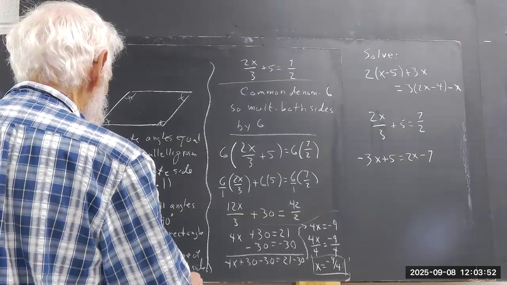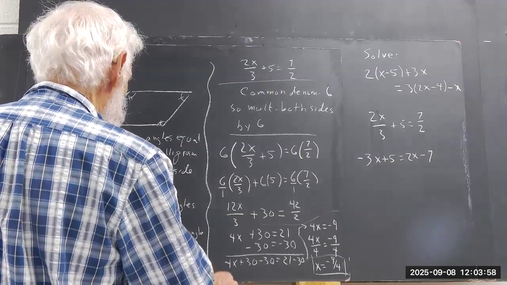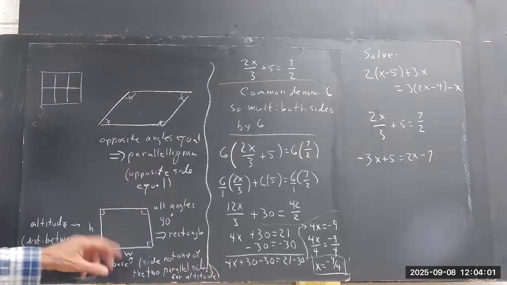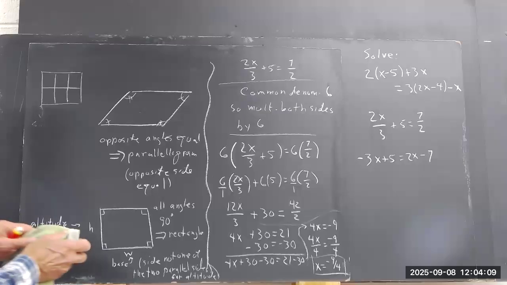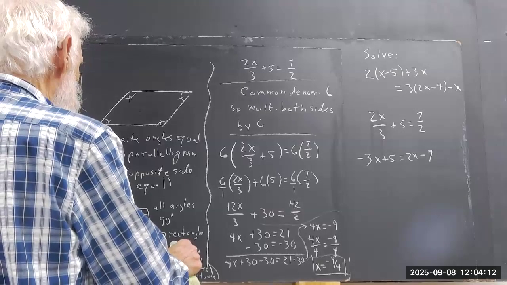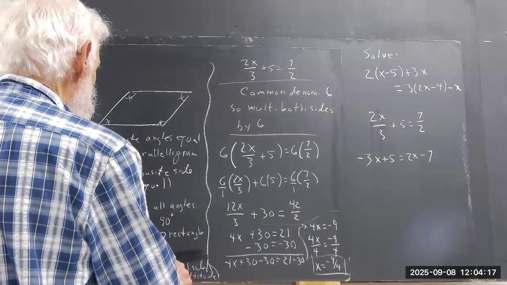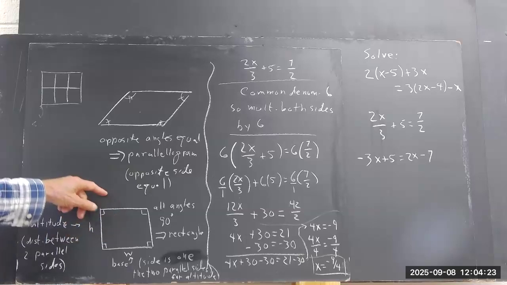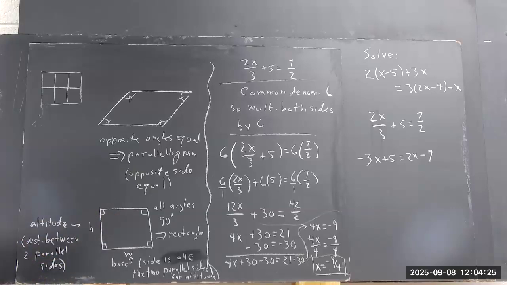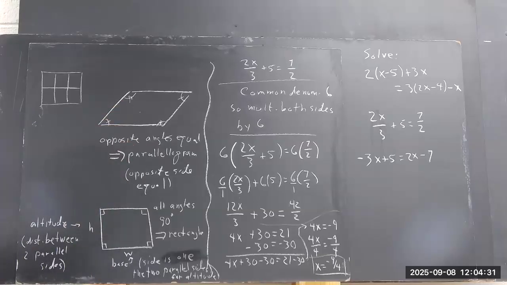I'm writing in small letters here for the altitude. That's a little ambiguous. There are two parallel sides you use for the altitude. And the word not is wrong. It's one of the two parallel sides you use for the altitude. Come back to that when we figure out the area of a parallelogram.